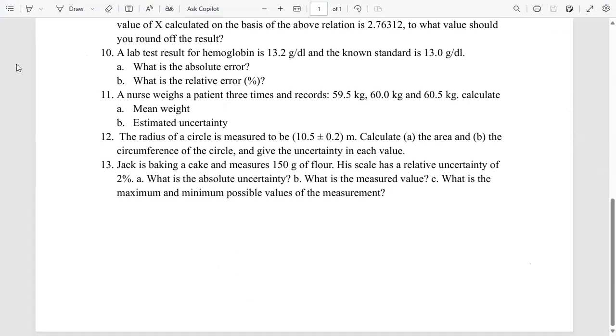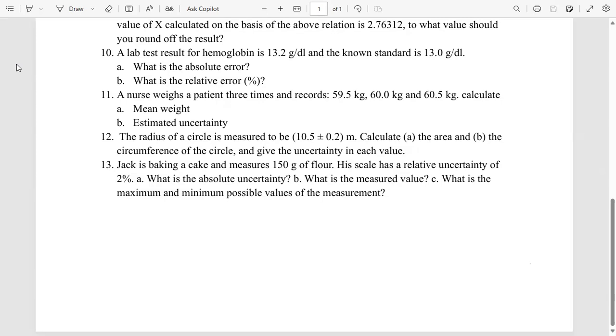Question 10 is saying a lab test result for hemoglobin is 13.2 grams per deciliter, and the non-standard is 13.0 grams per deciliter. A, what is the absolute error? B, what is the relative error?